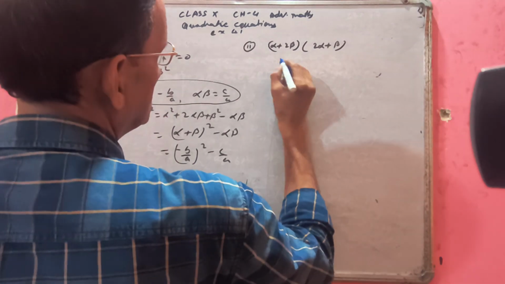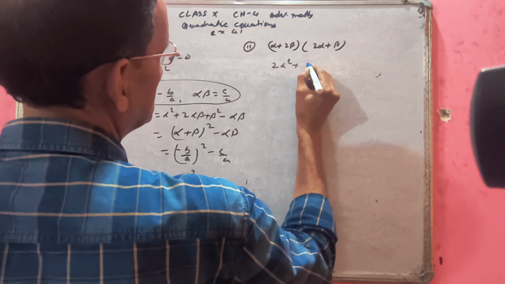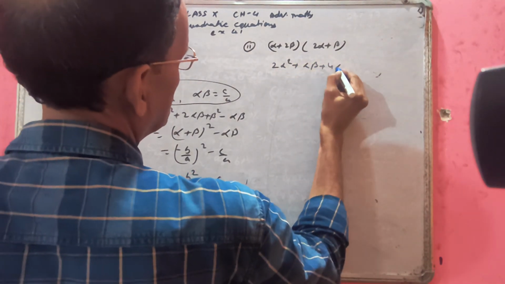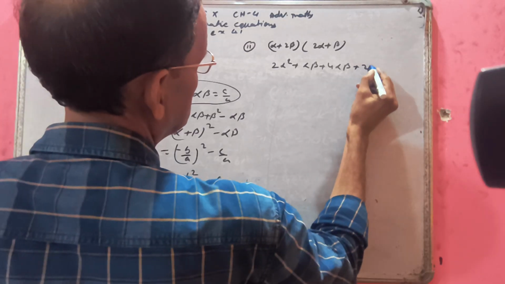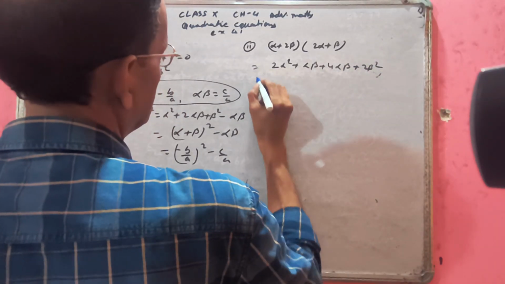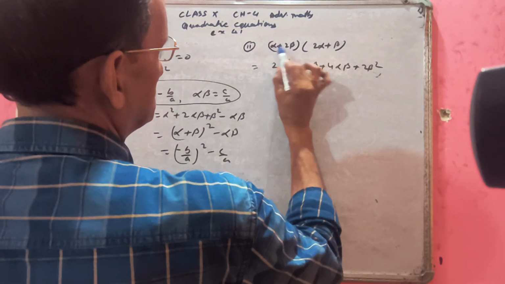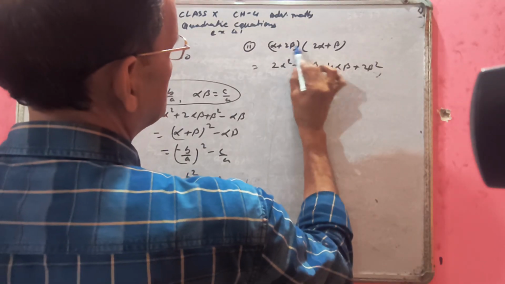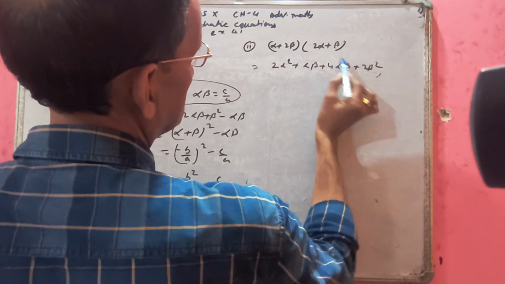So just remove the bracket, twice alpha square plus alpha beta plus 4 alpha beta plus twice beta square.